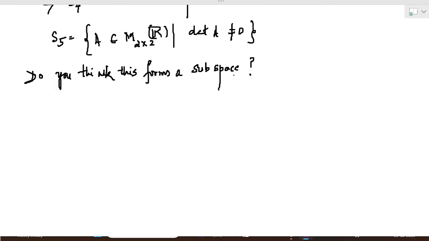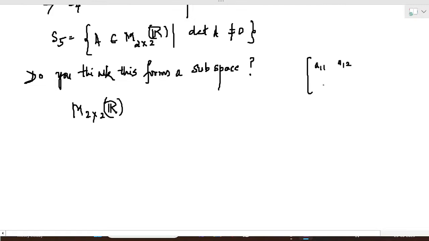Do you think this forms a subspace? No, indeed no. See why? Let us take an example. This is something that I will prove today also. But also remember, what is a 2 cross 2 matrix? A 2 cross 2 matrix is after all this. Whether I write this or whether I write this, it's after all a way of representing things, right? So you can say that this matrix can be related to R2 square, that is R4.